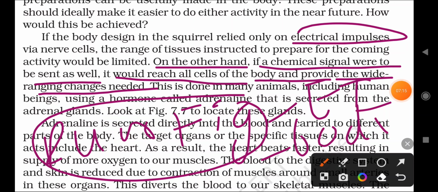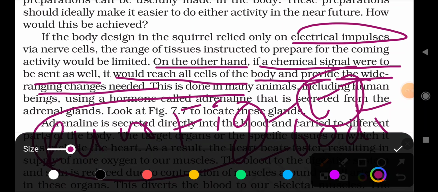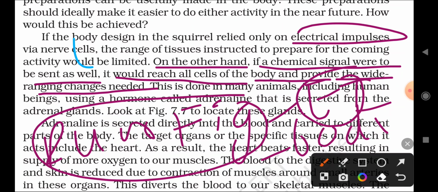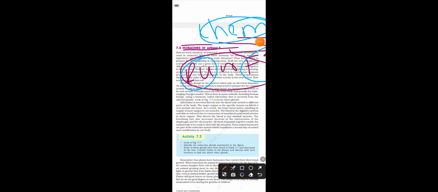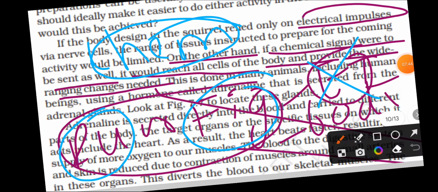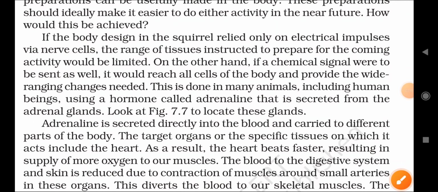So instead of generating an electrical impulse, the body will generate a chemical or hormonal signal, which means the body can prepare itself to run or fight. That is done very accurately with the help of the chemical method rather than electrical impulse. Due to this reason only, animals use chemical or hormonal methods.